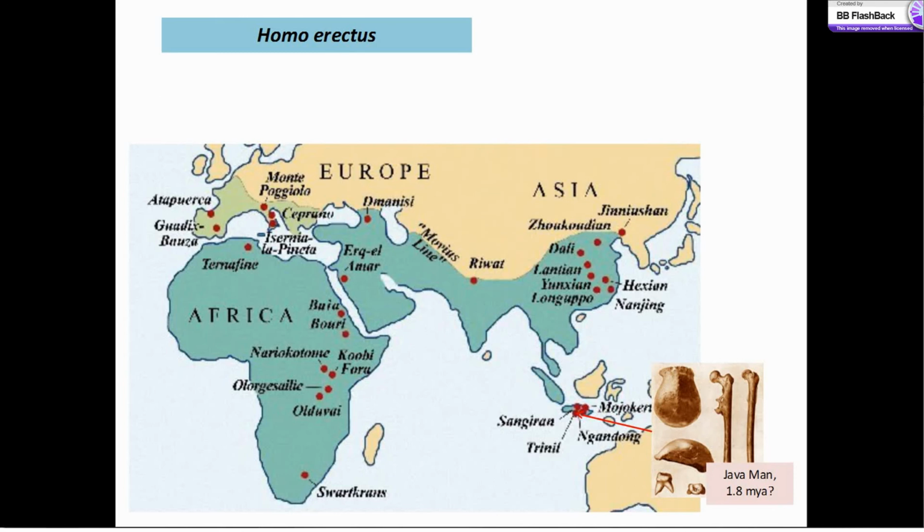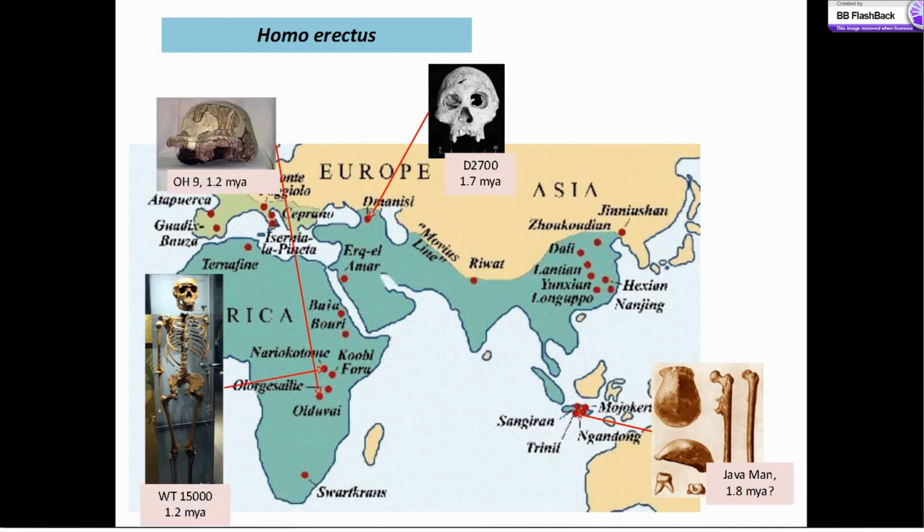So our oldest versions of Homo erectus slash ergaster would be Java man at 1.8 million years. Then our second oldest ones would be Homo georgicus over here in Georgia, Dmanisi, at 1.7 million years.